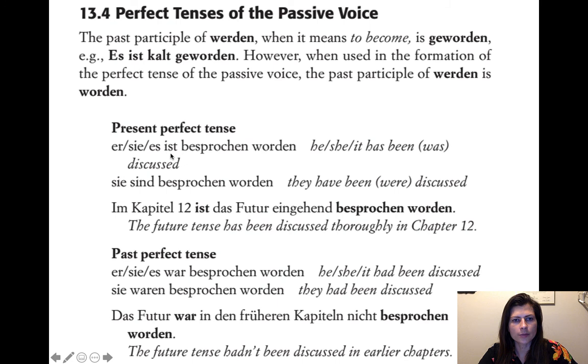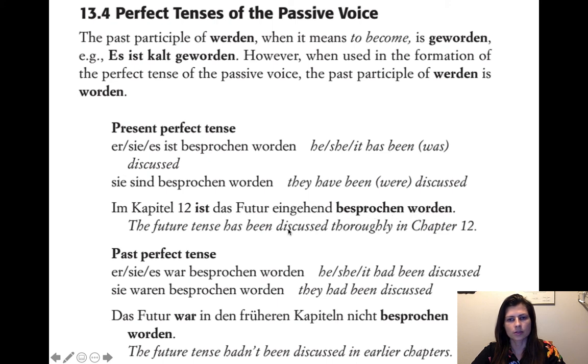So worden is, of course, that strange one that you only get in the passive present perfect. And then we have im Kapitel 12 ist das Futur eingehend besprochen worden. The future tense has been discussed thoroughly in chapter 12. So it's like has been discussed.